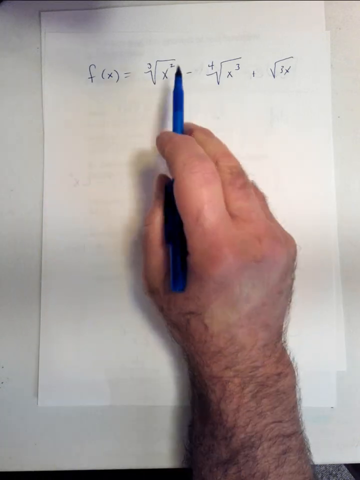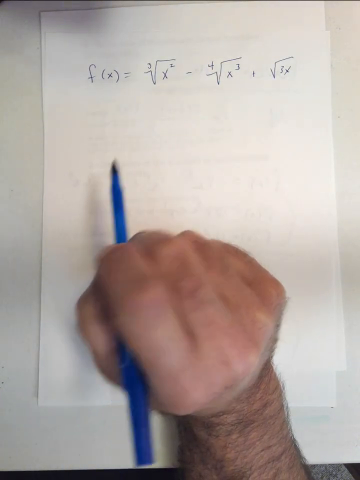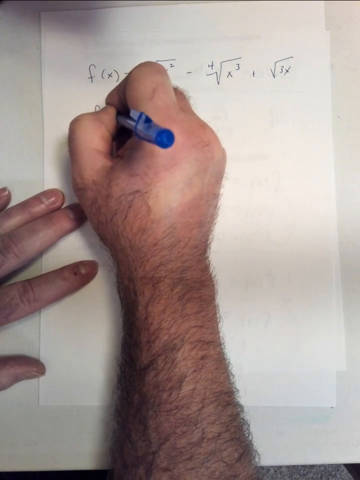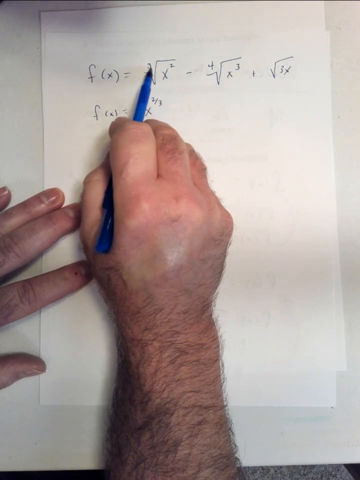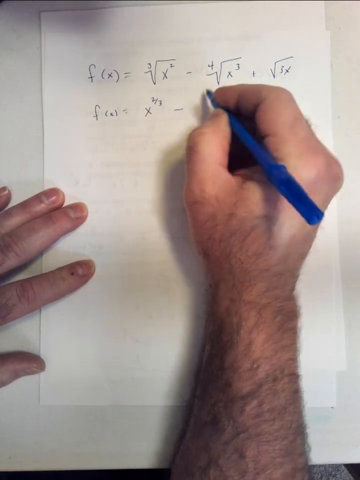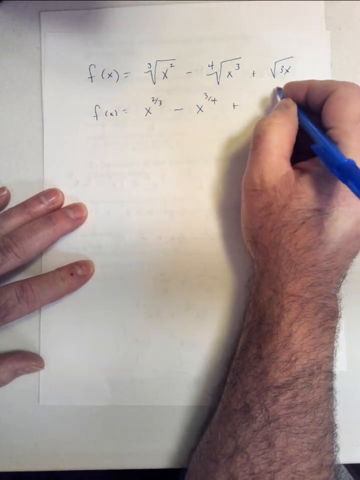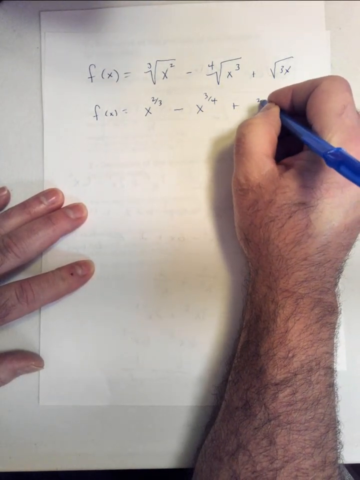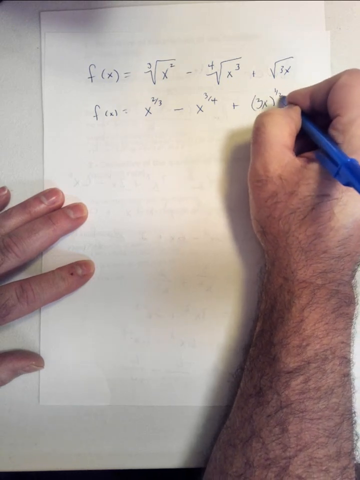So again, not a polynomial function, but we can use the power rule if we can individually write these with exponents. So this becomes x to the 2/3 power. Remember, it's power over root. Minus x to the 3/4, plus 3x to the 1/2.